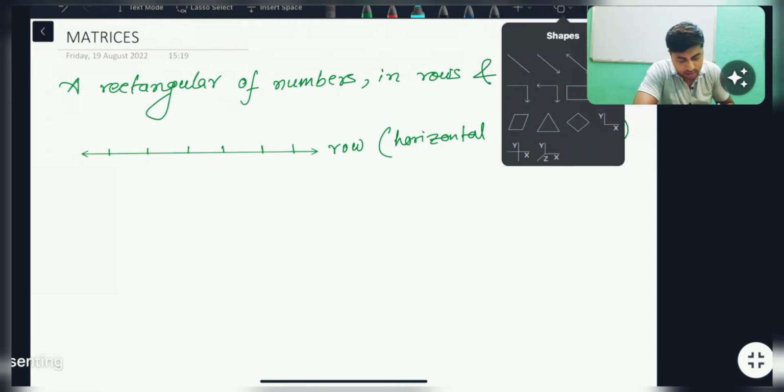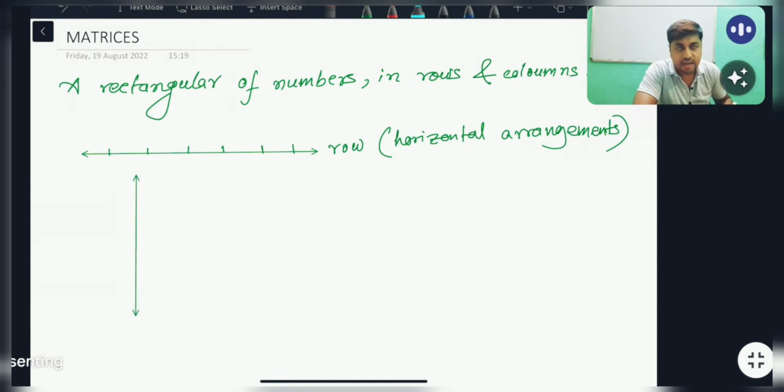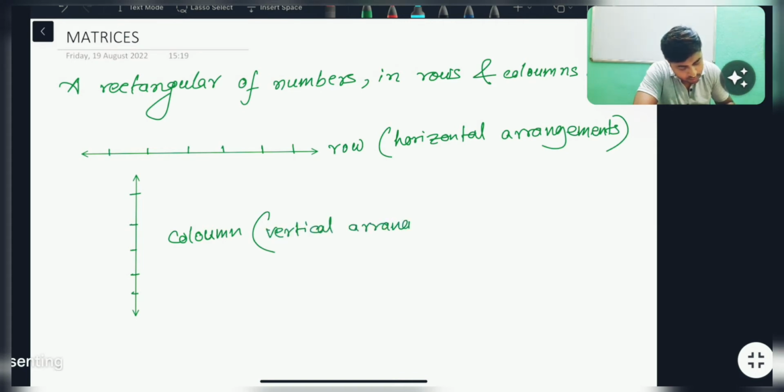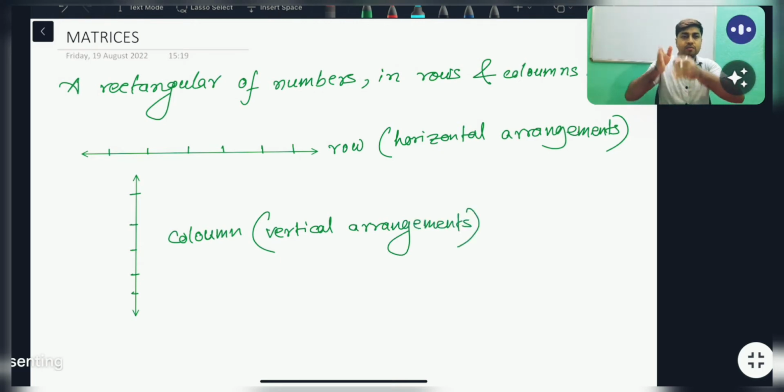And like this, suppose you drop a vertical line, you can plot some numbers. That is called a column. That is called vertical arrangement. Suppose students are there in your school.